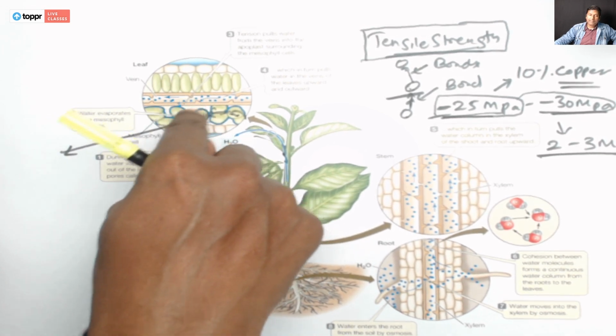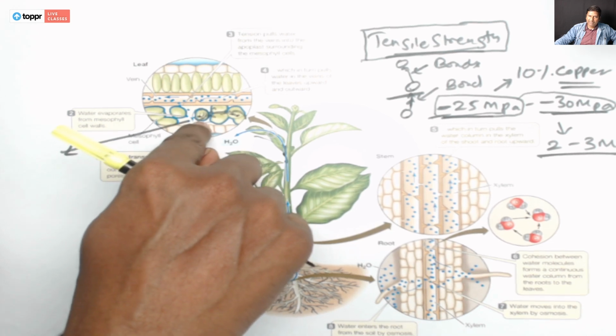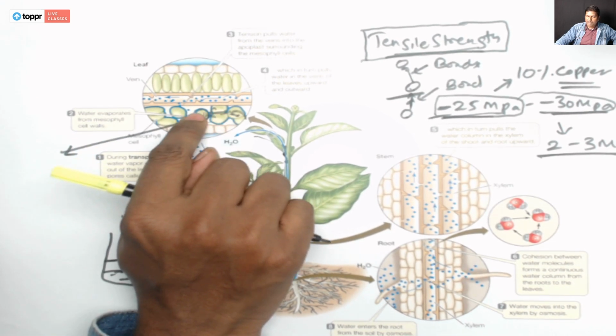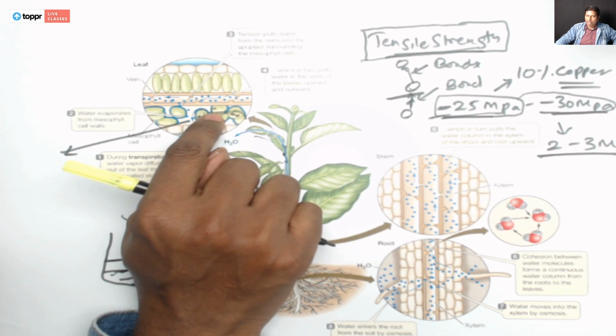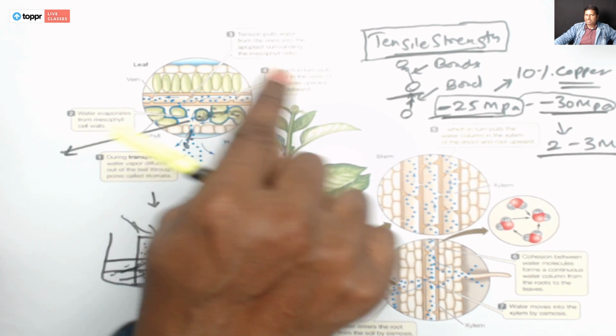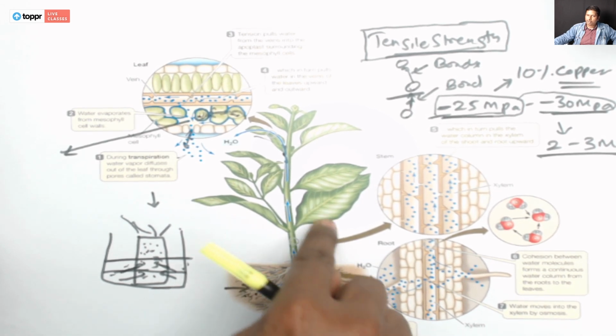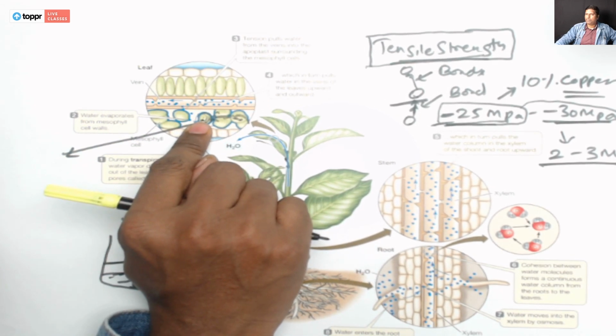will cause negative tension, and this negative tension, because of the cohesive nature of the water, will make the water pull the water molecule which is behind it, and this chain will follow, and this is carried all the way to the roots. The water will be pulled literally from the soil into the roots through the plant all the way to the top.